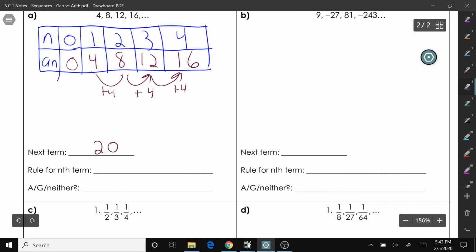Now the rule. an equals, well, we're going up by 4 each time, so we write 4n. And since our starting value was 0, we don't need to write anything. You could write plus 0, but that would just be a little bit annoying to do every time. And is it arithmetic, geometric, or neither? Because we are adding 4 each time, that is arithmetic.